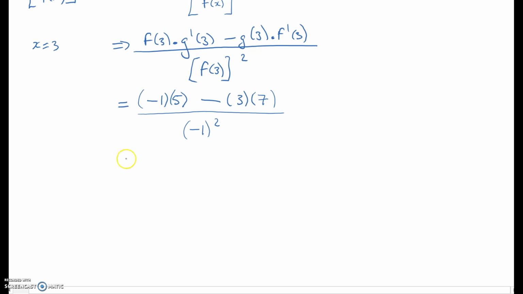So that's going to give us negative 5, negative 21, over negative 1 squared is 1. So it's going to be negative 26.